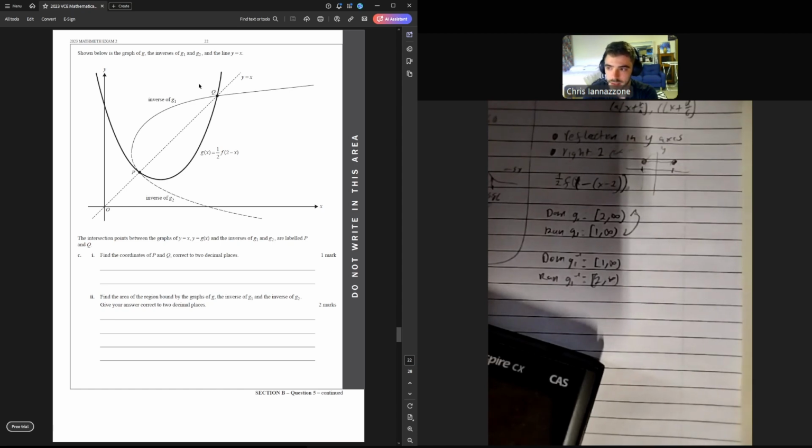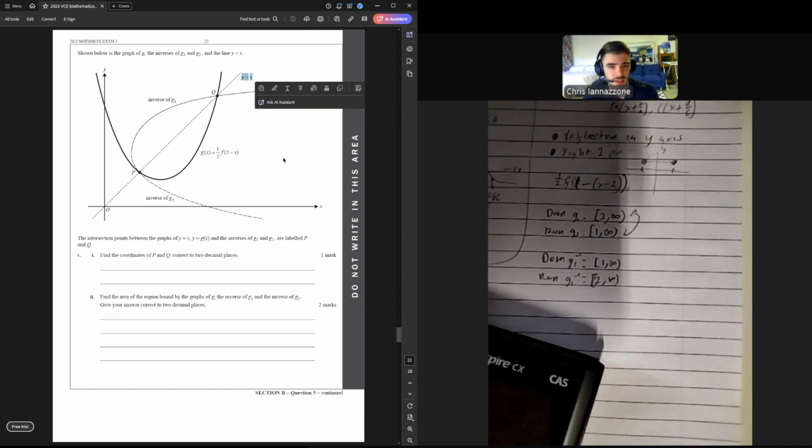Well, one nice and easy way would be to simply equate the inverses to the original, and that would give you P and Q respectively: the inverse of g1 equated to g of x would give you Q, and the inverse of g2 equated to g of x would give you P. Better than that, whenever you find intersection points between a function and its inverse, all you ever have to do is equate it to the line y equals x, because it will only ever intersect along the line y equals x.